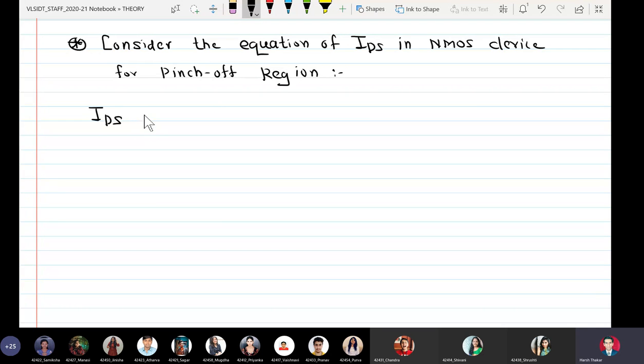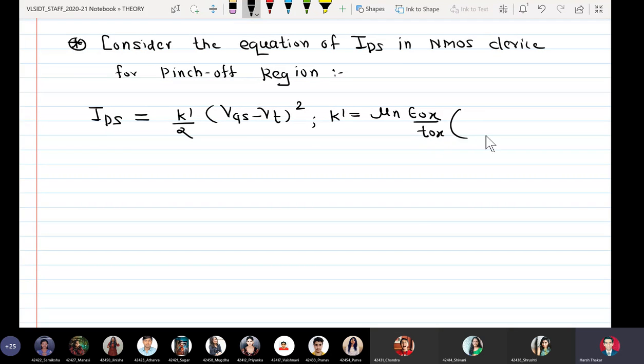IDS is equal to K dash upon 2 into VGS minus VT whole square, where K dash is equal to mu n into epsilon ox upon T ox into W by L ratio.